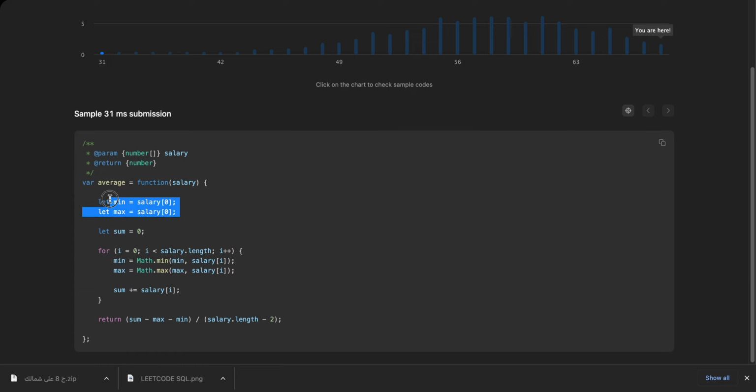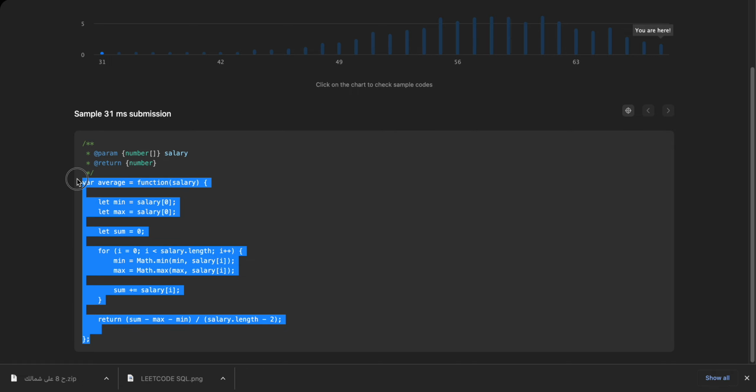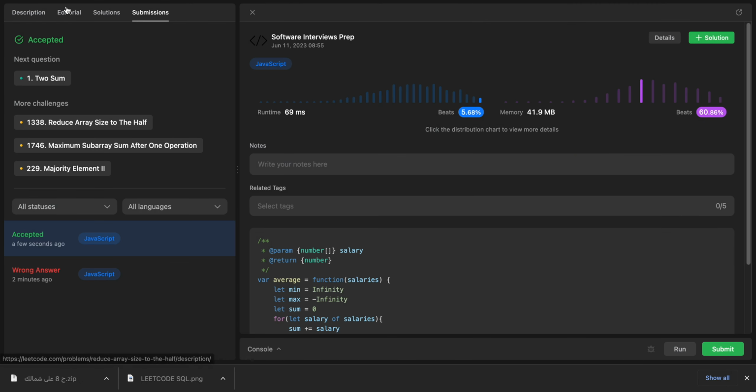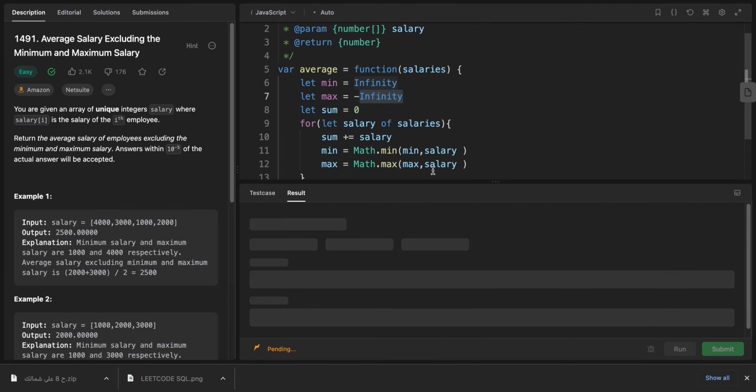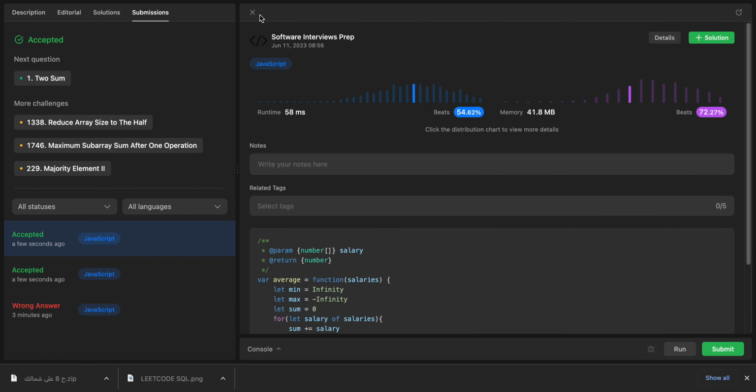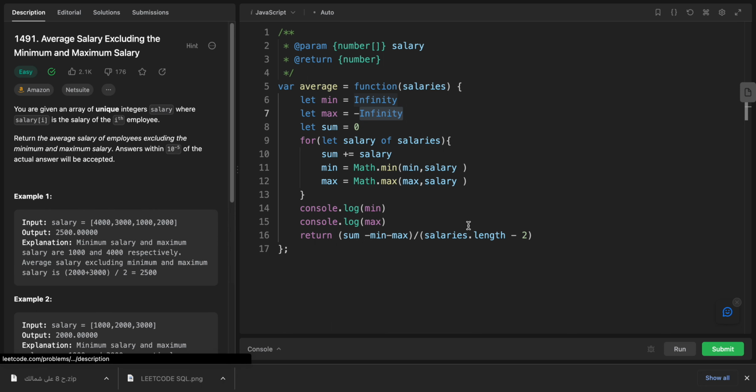Maybe it's just 5%. Oh, this is embarrassing. Let's just see if this... Like LeetCode sometimes runs the code in a really weird way.